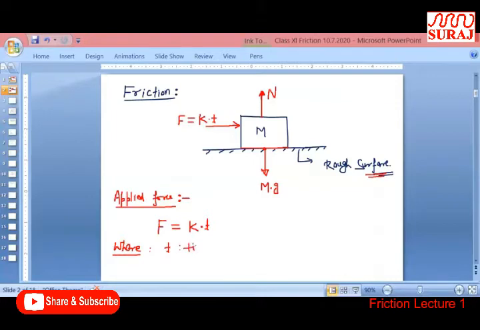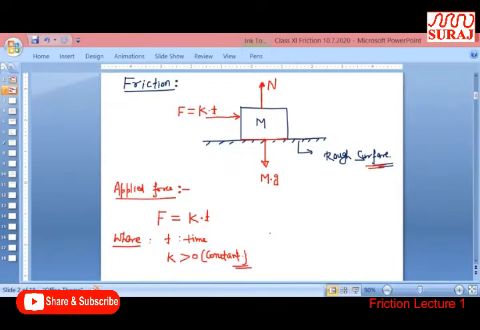Here t is time and k is a constant which is greater than 0. Any constant you can take, 2, 3, 4, whatever, depending on the rate at which you want the force to increase. Okay.